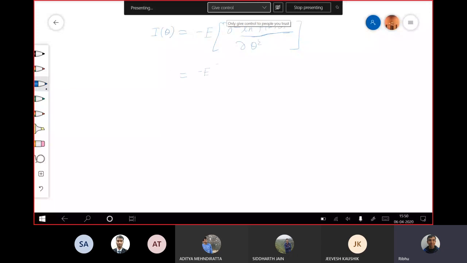I theta is called the Fisher information.